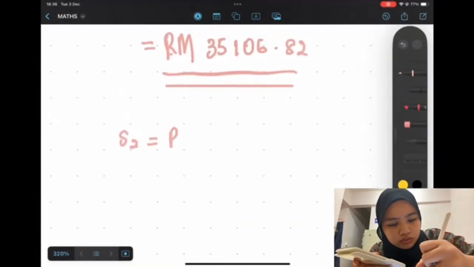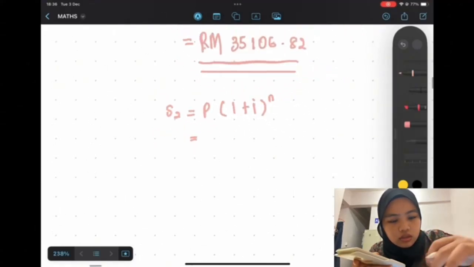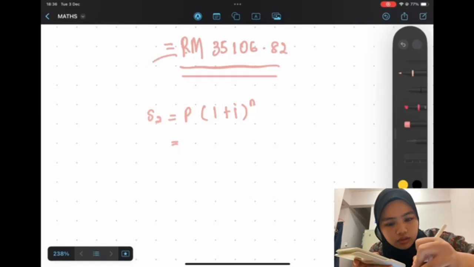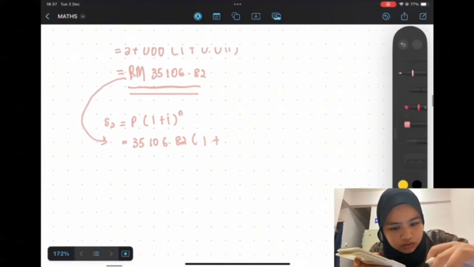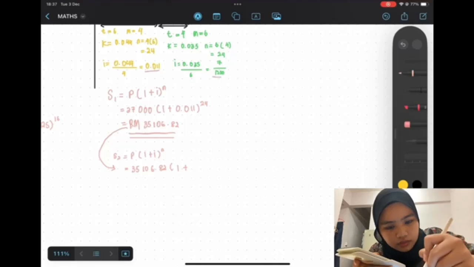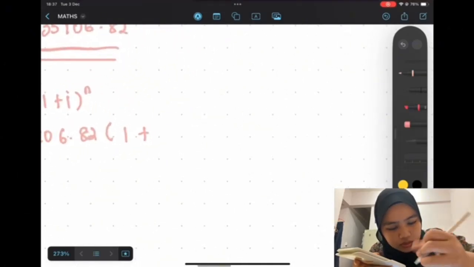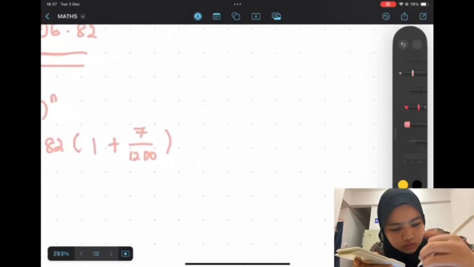So S2 equals P times (1 plus I) to the power of N. The P is this value, 35106.82, times 1 plus 7/1200, and N is 24.